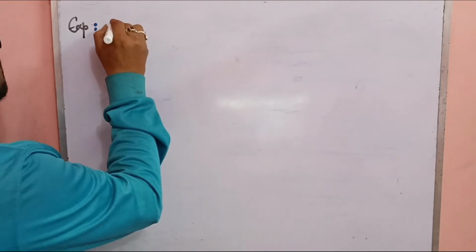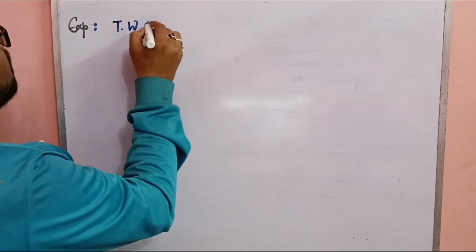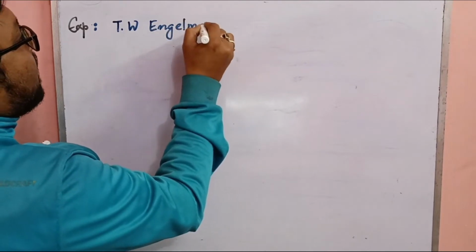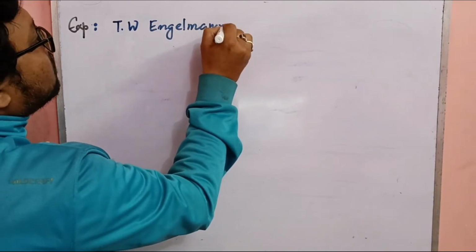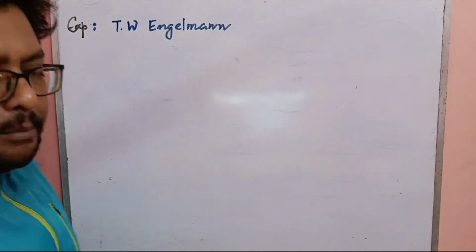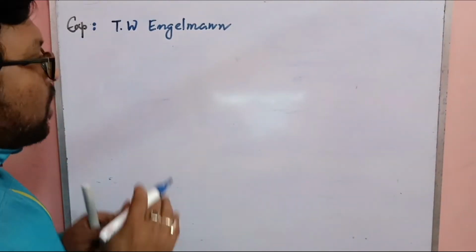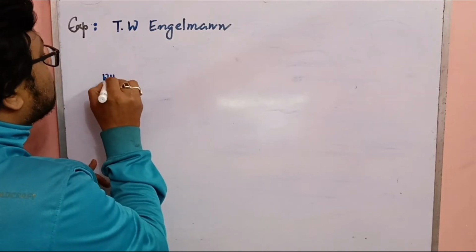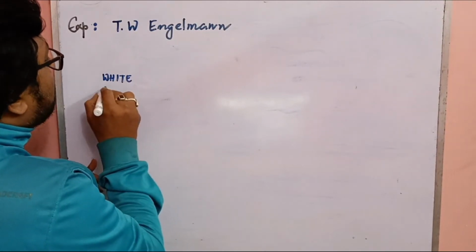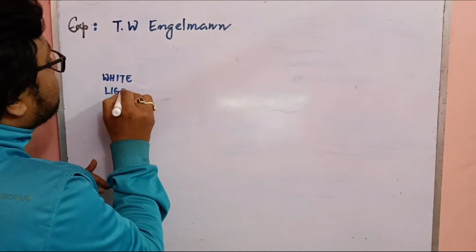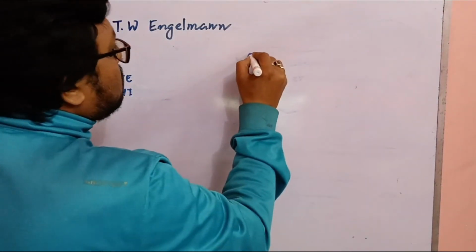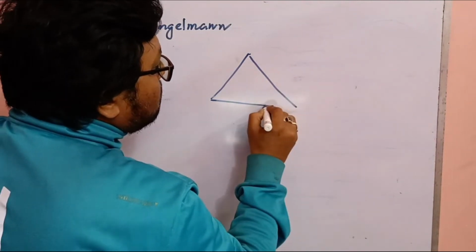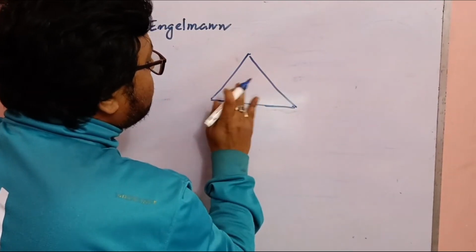Experiment by T.W. Engelmann. Now what he did, he split white light through a prism.